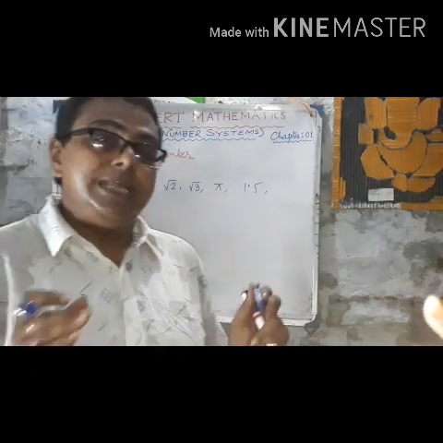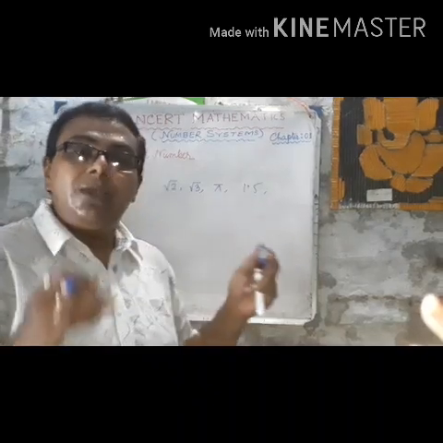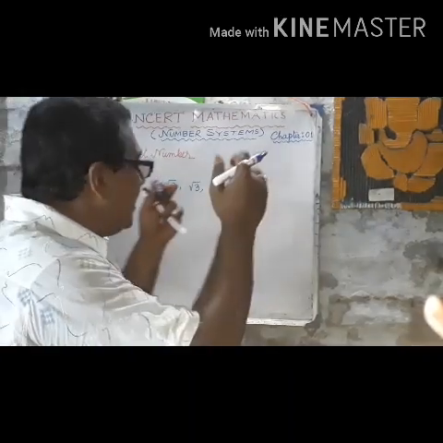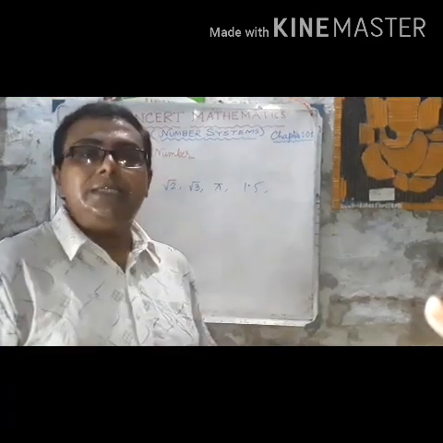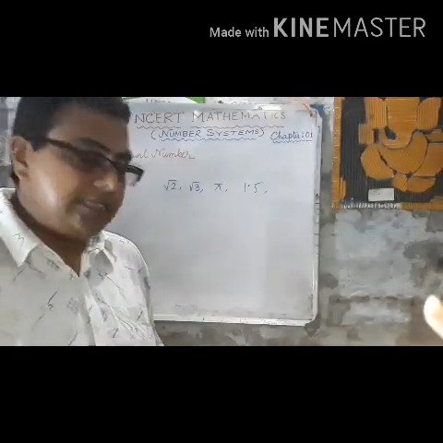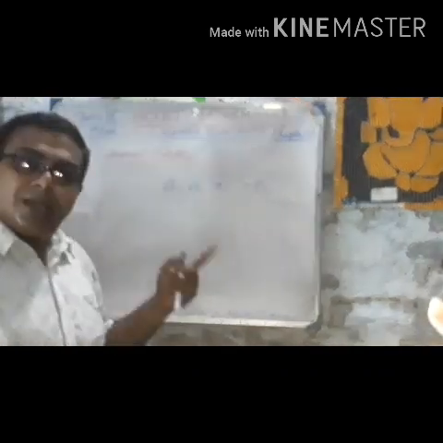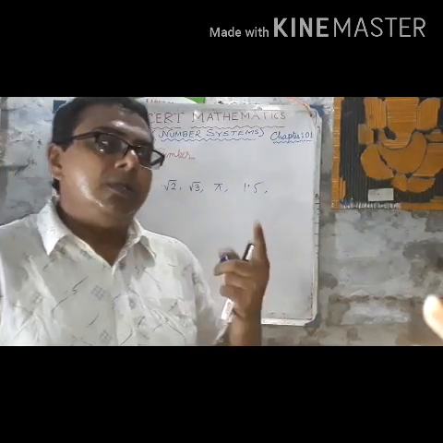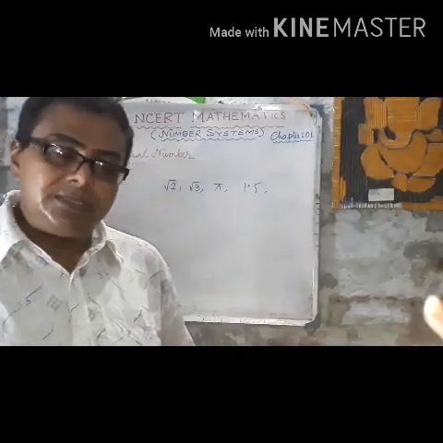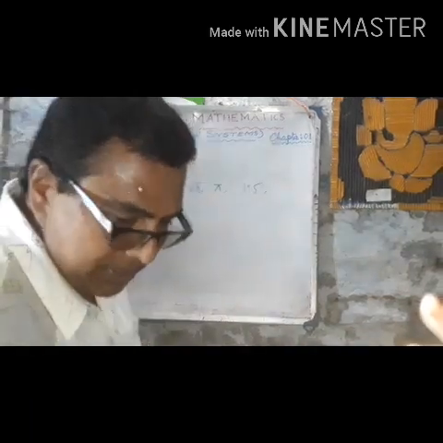They are called irrational numbers because these numbers cannot be expressed in the form of p by q, where p is an integer and q is an integer. So we have discussed natural numbers, whole numbers, integers, rational numbers and irrational numbers.